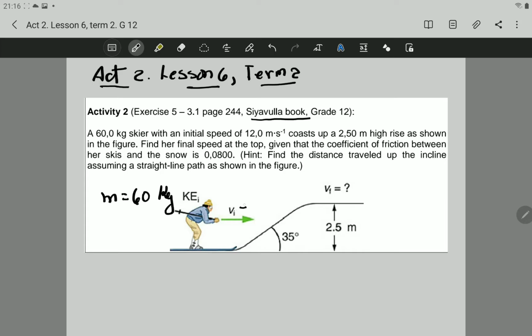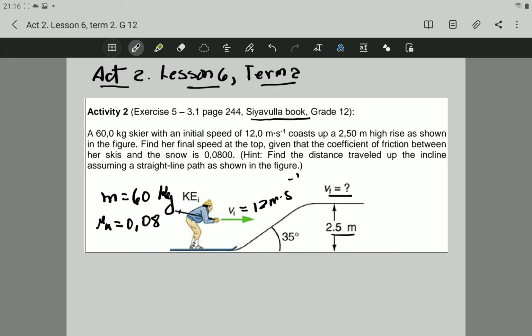It goes up the 2.5 meter height of the rise as shown in the figure. Find her final speed, this is the question mark, what you're looking for right here at the top, given that the kinetic coefficient of friction is equal to 0.08. So that is the data you have. You have to look for that speed.